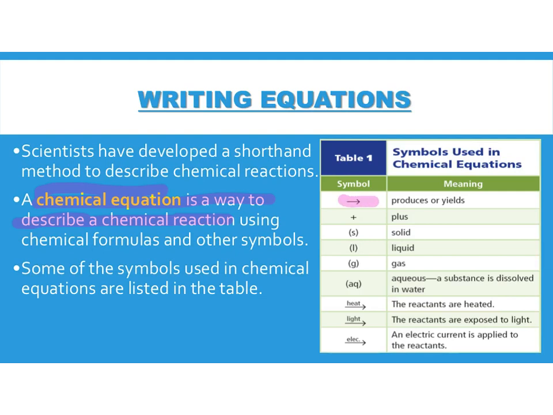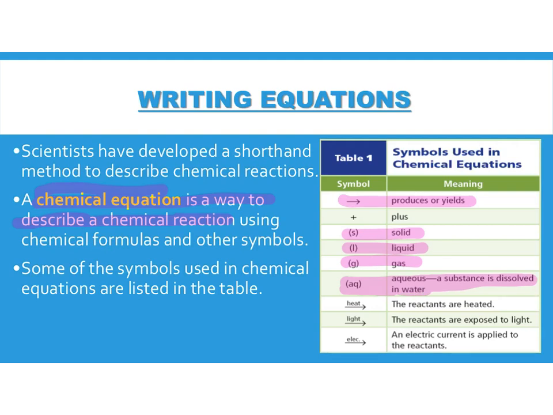We already talked about the arrow, meaning produced or yields. It always points at the product. I'm not going to go into detail about a plus sign because you probably know what that is. Little s's, l's, or g's mean the state of matter: solid, liquid, or gas. And once in a while you'll see an aq, which I know for my school is a bad combination of letters, but it stands for aqueous solution.